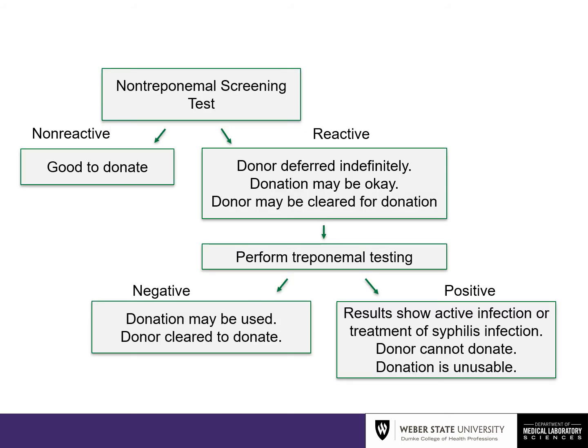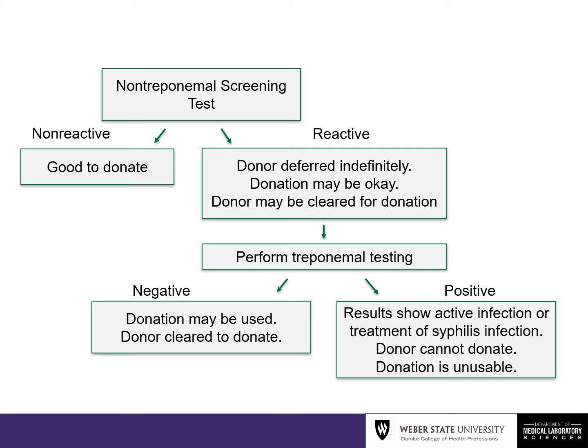All right, so here's a nice little flow chart that I made to walk through syphilis testing. So we're going to start with our screening test, which will be our RPR. And either you're going to get a non-reactive or reactive. If the donor comes back as non-reactive, then they're good to go, good to donate, use their blood, be on their merry way.